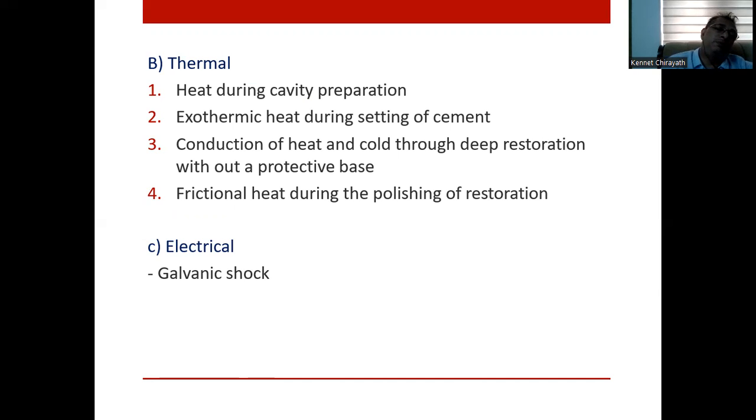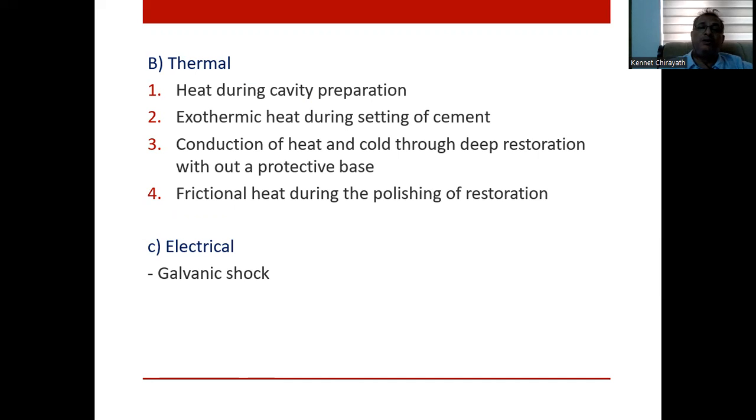Then exothermic, especially zinc phosphate cement, which is highly exothermic during setting. It releases heat, and this heat can cause injury to the pulp. Then comes conduction: when amalgam is given without a base, hot and cold food can cause inflammation of the pulp, resulting in a hyperemic pulp.